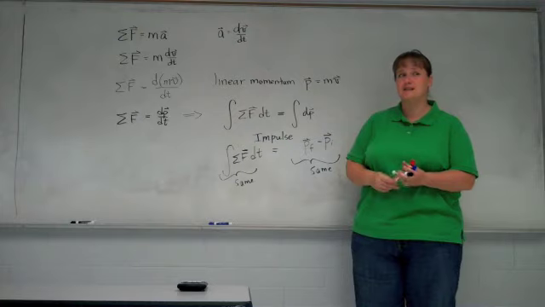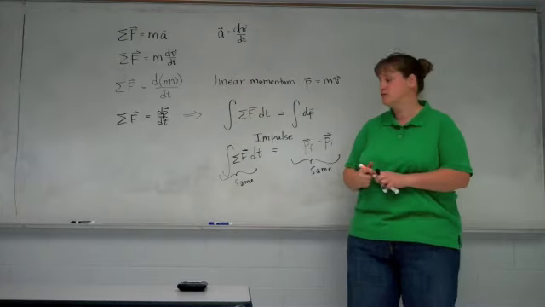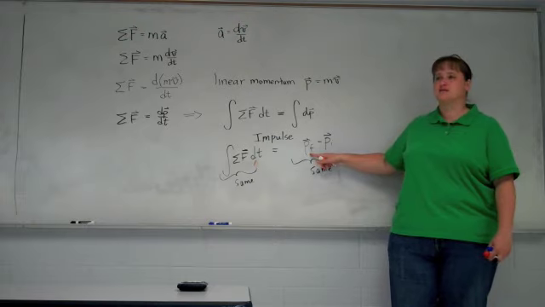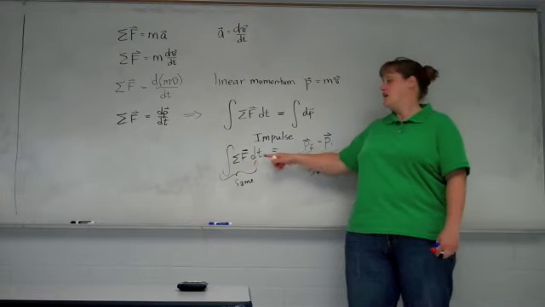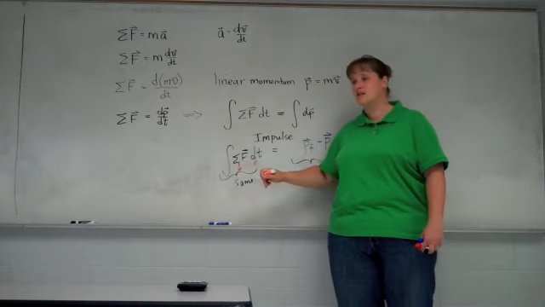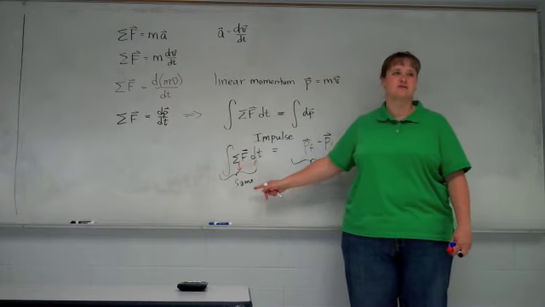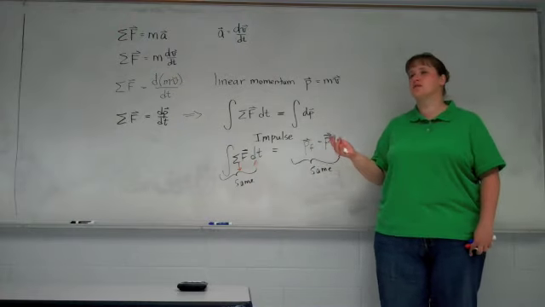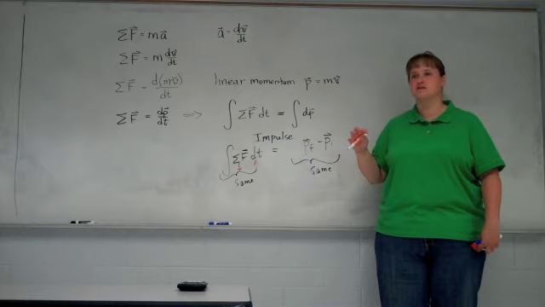If I bend my knees as I land, it takes a little more time for me to come to rest. If time is bigger, force has to be smaller to keep it the same value. Okay? So basically, you're minimizing the impact force.